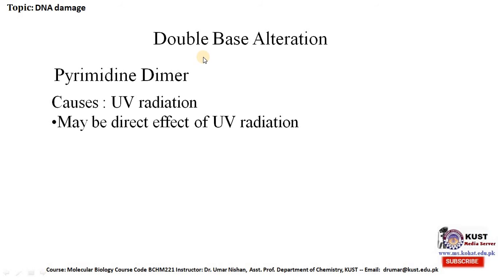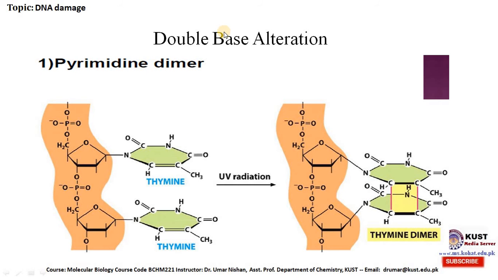In some cases we can have double base alteration, like a pyrimidine dimer. This is caused by UV radiation, maybe the direct effect of UV radiation. This is an example of a pyrimidine dimer.